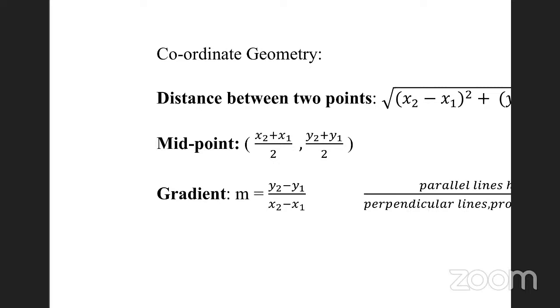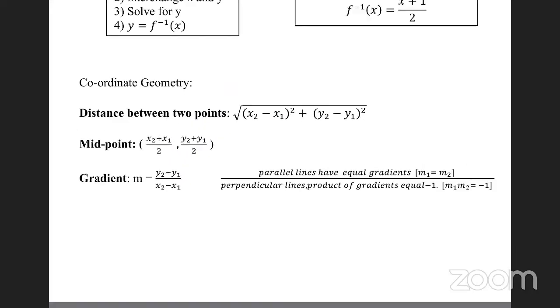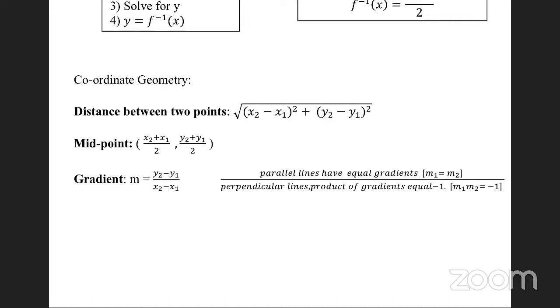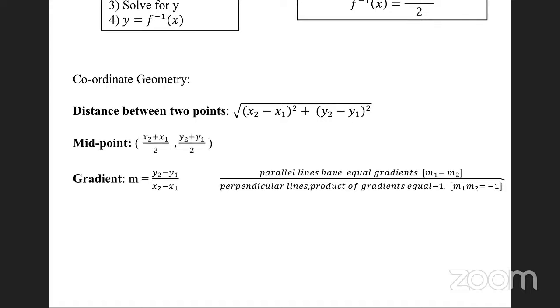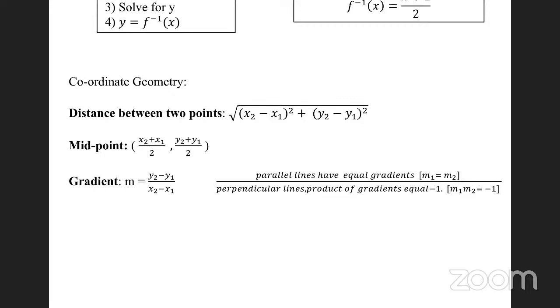Make a note of this, please. The most popular rule is that parallel lines have equal gradients, and when they're perpendicular, the product of the gradients is -1.